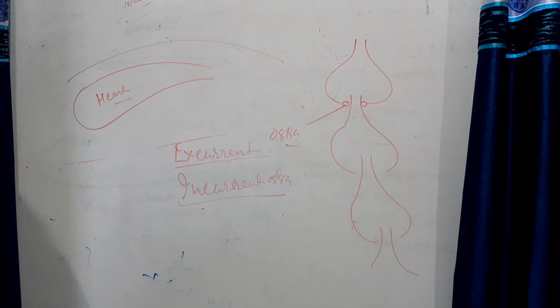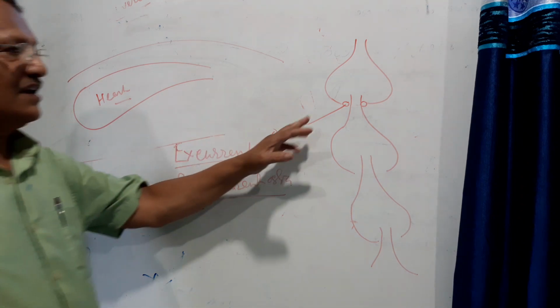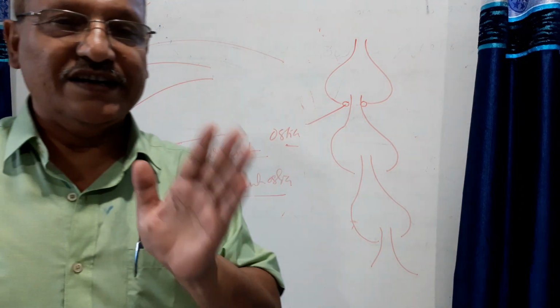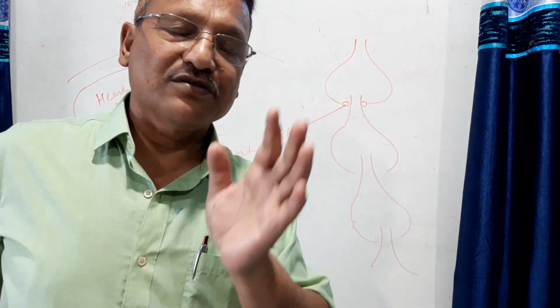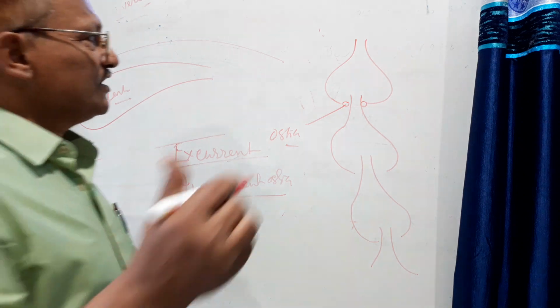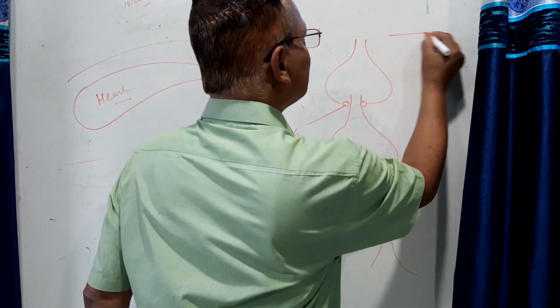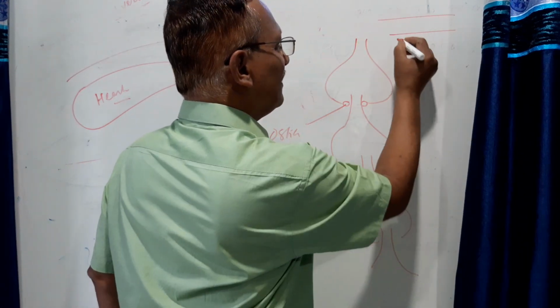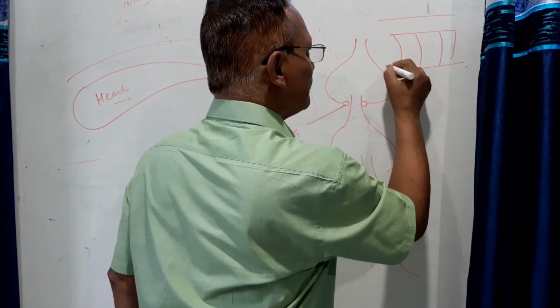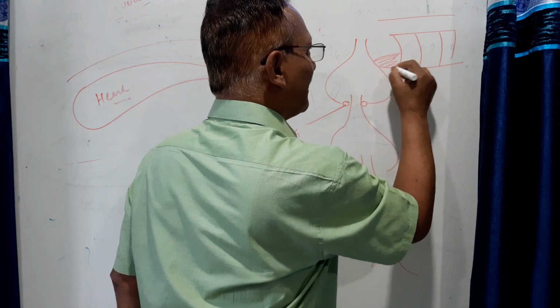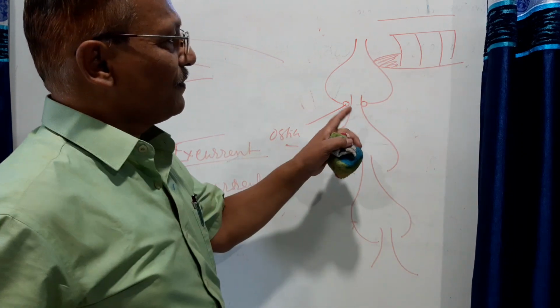So incurrent ostia and the position of the incurrent and excurrent ostia are also different. You see, suppose this is the dorsal body wall, this is the lateral body wall, and this is the ventral body wall.